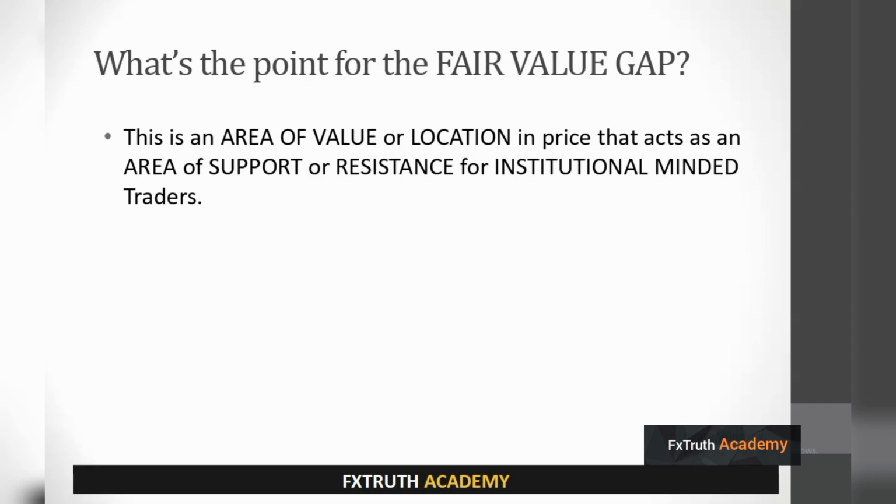This is an area of value, or a location in price, that acts as an area of support or resistance for institutional minded traders. So you got it now. The point of the fair value gap is that it acts as support or resistance. Retail minded traders want to draw support and resistance.